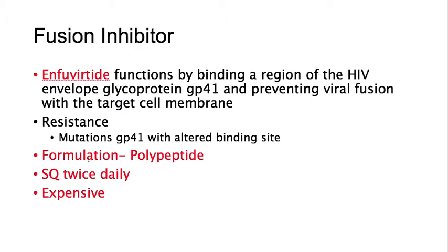The drug itself is a polypeptide, and because it is degraded rapidly through gastric absorption, it must be administered like insulin, sub-Q, and it must be injected twice a day. It is both expensive and has a significant number of local reactions, and therefore this drug is not routinely used and is a third-line regimen for patients with highly resistant virus.